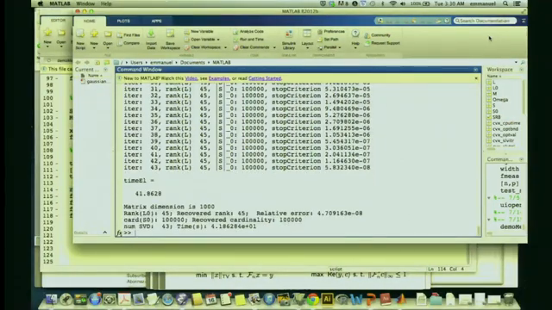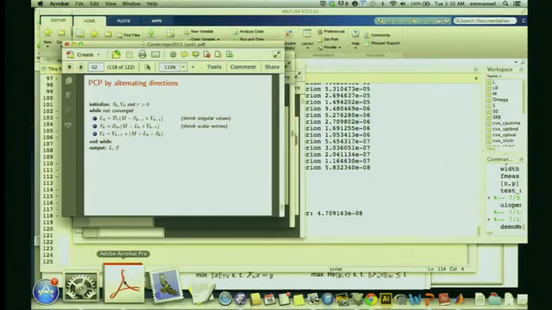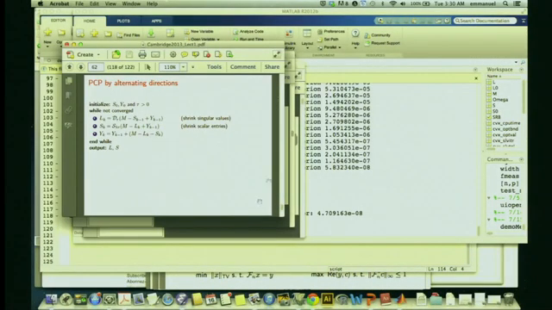Lambda did not change, and now it's not 6 digits of accuracy I get, it's 8. So you can run these things. But it's a whole industry. There are lots of people designing much better algorithms than what you see here.